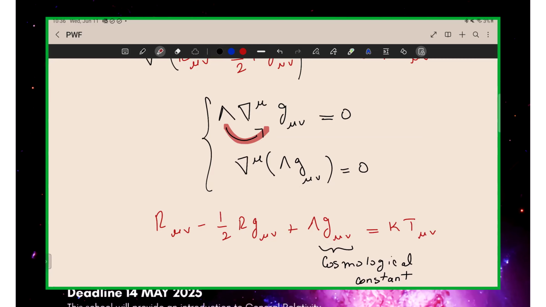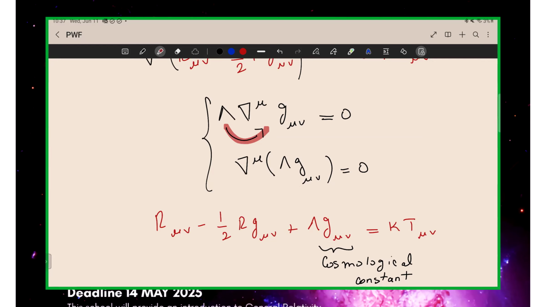It cannot depend on the position or time. So when people talk about time dependent cosmological constants, they're not actually saying that. They mean that you get an effect which is achieved by something like quintessence, for example.